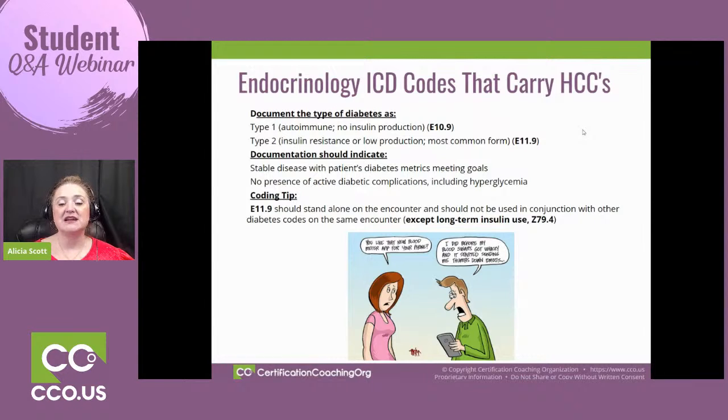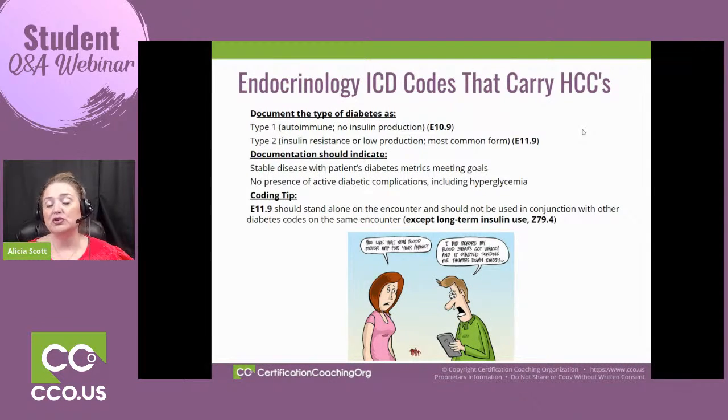It's the fact that your body doesn't produce insulin that makes you an E10.9, or type 1 diabetic. Type 2 diabetes means you're insulin resistant, or you still produce insulin, but it's really, really low, okay? And again, it's the most common form of diabetes.